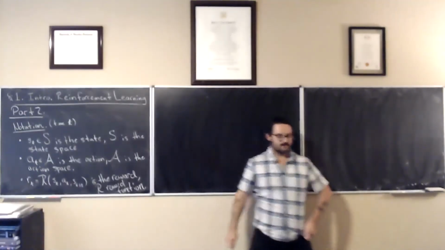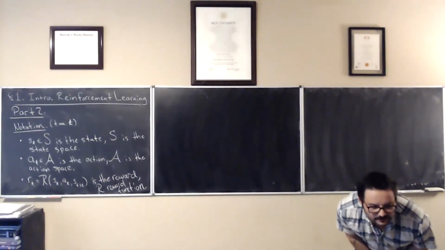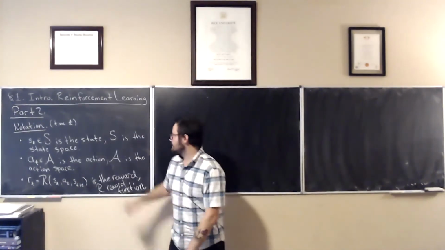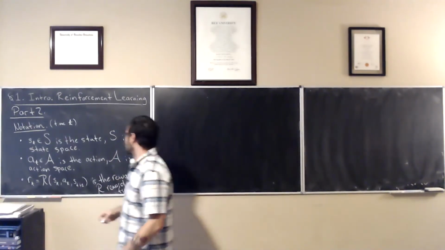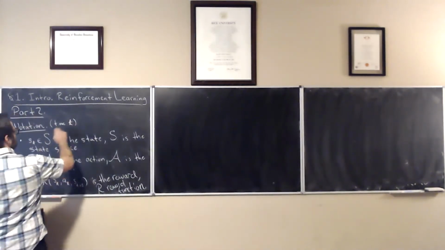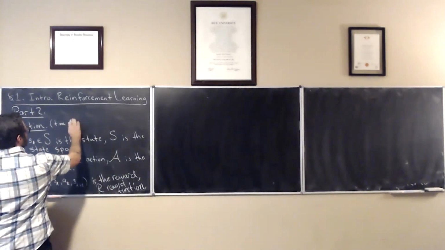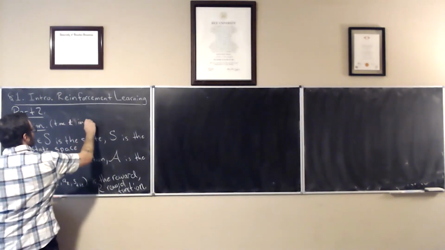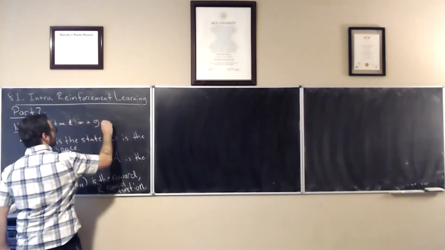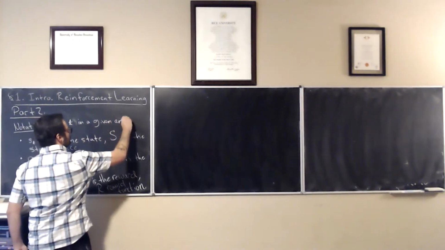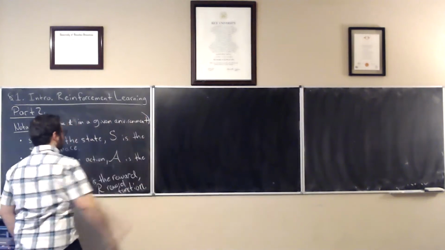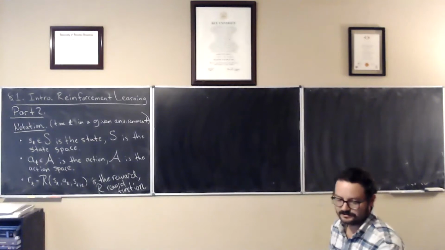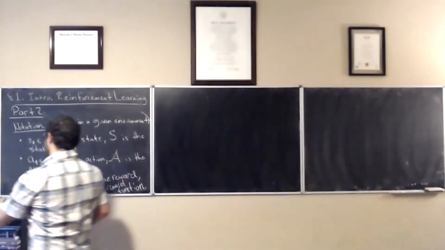Okay, so that's the basic terminology that we need, and hopefully you can read that. We have a state space, an action space, and a reward function for a given environment. We have these spaces and function that we need to consider.